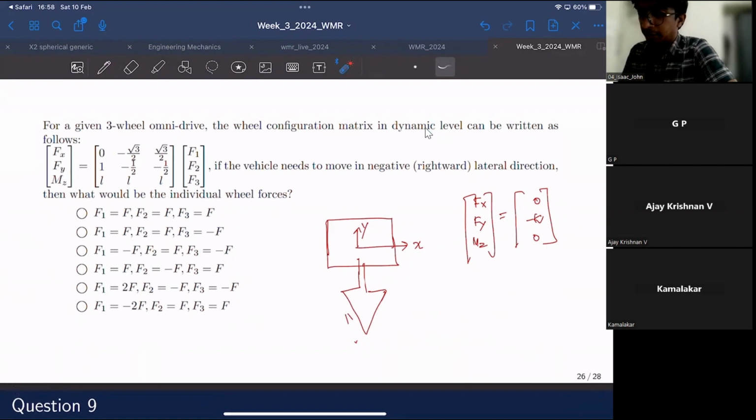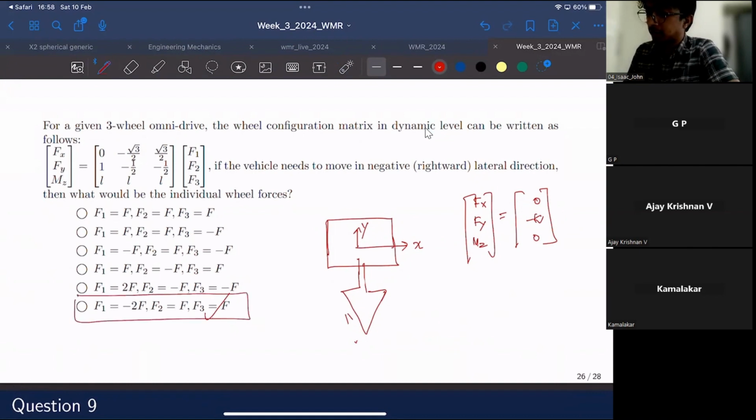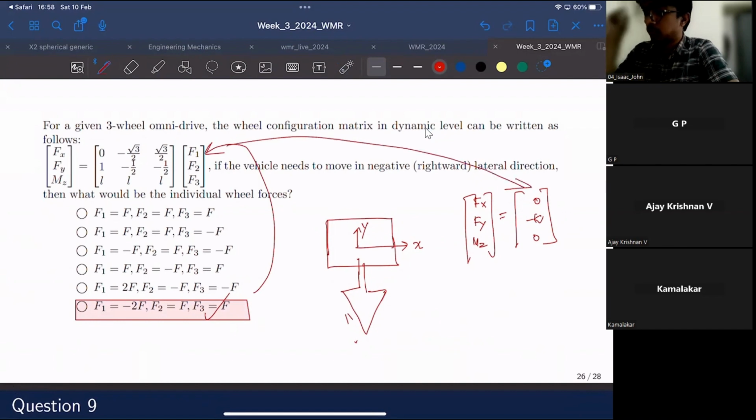Minus 2f, f, f. So Ajay has said it's minus 2f, f, f, and f. Is that correct? So you only need to simply plug this expression here and see whether you will get Fx, Fy, Mz as this one.